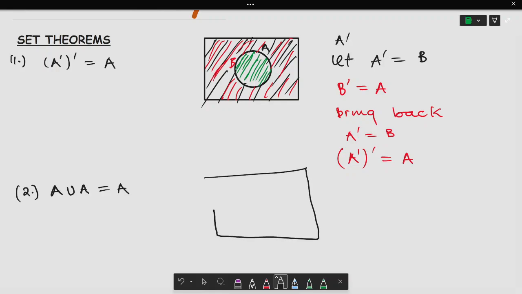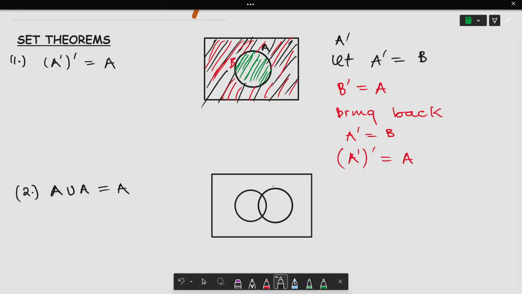Let's have our set again. In this case, let me say we are having two sets inside the Venn diagram, but it's one and the same even if you just use one set.